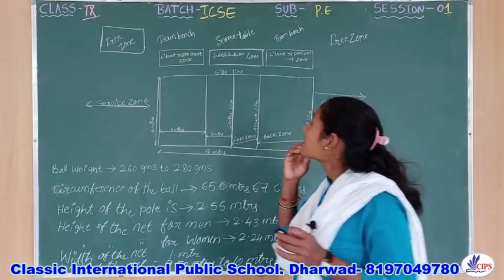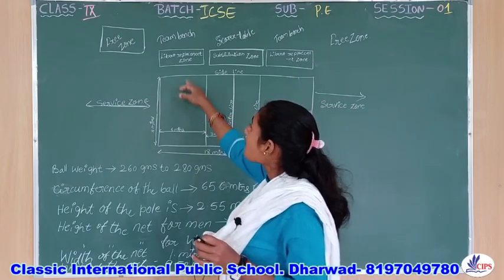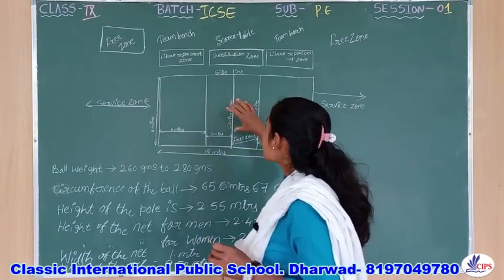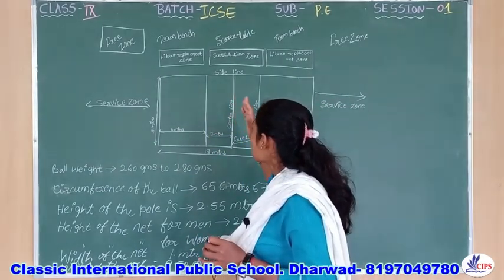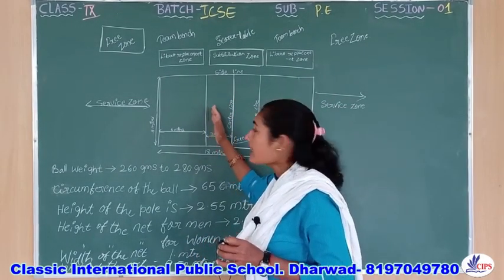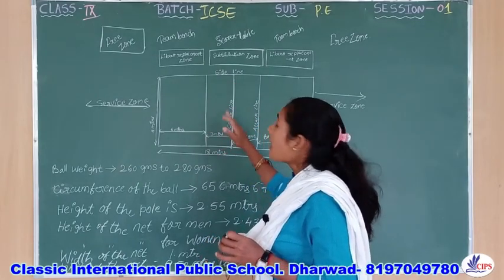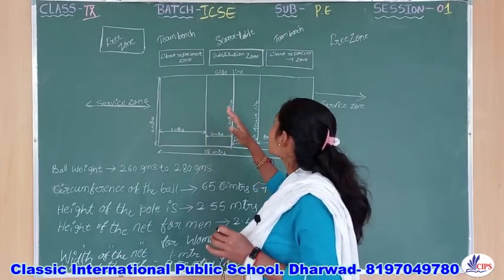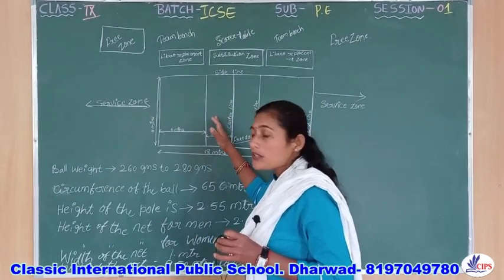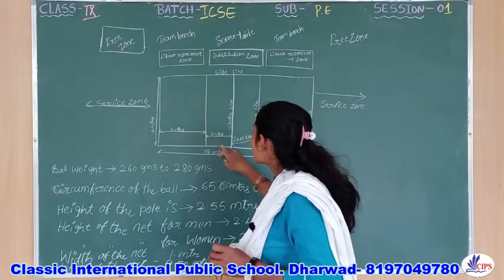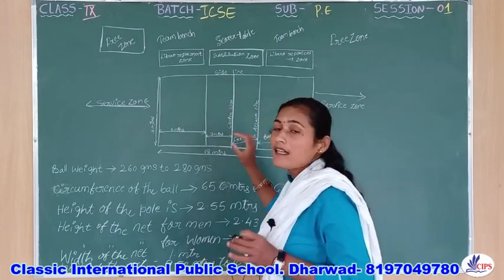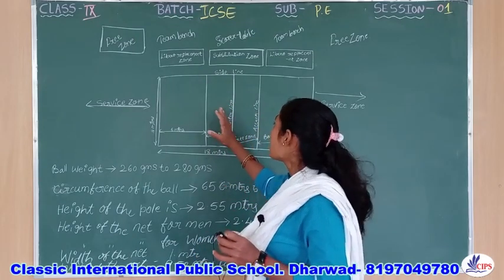Then we'll see the zones. This place from the center line to the attack line is called the attack zone or front zone.